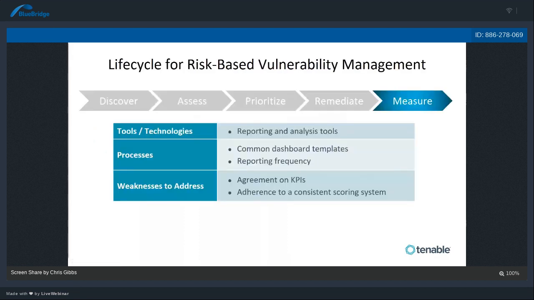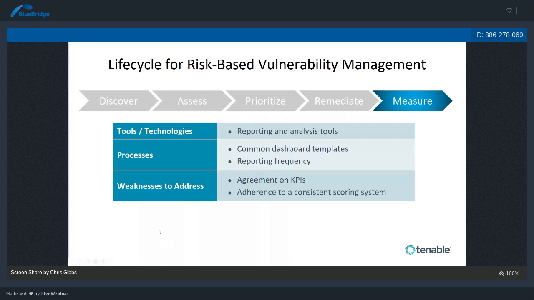And then we need to measure our system. And there's dashboards, there's templates available, there's reporting to help us do this. It might be using the tooling we provide, or it might be using a SIEM to do some of this reporting.